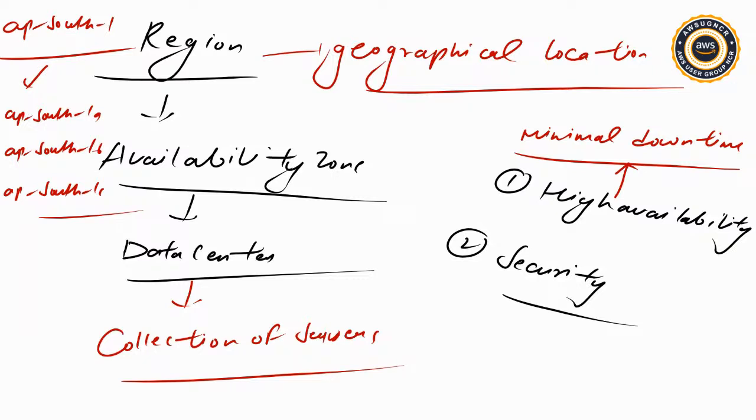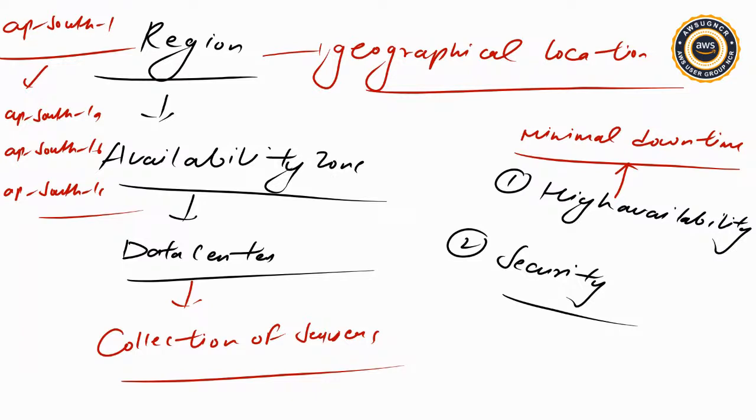An availability zone is a collection of one or more data centers, and two AZs are isolated from each other at a distance of around 100 kilometers as per the documentation. They are fault isolated, meaning if one of the availability zones is down, you will still be able to serve your application, serve your customer from another availability zone. It means we are talking about high availability here. So keep in your mind, these are the two major reasons why we see this hierarchy.